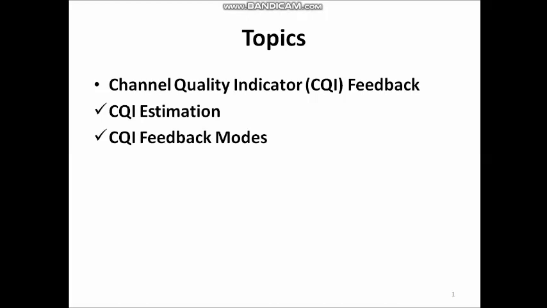And for MIMO modes, rank indicator and precoding matrix indicator feedback are also reported from user equipments. In today's session, we will discuss channel quality indicator feedback and its subtopics like CQI estimation and different modes of CQI feedback.